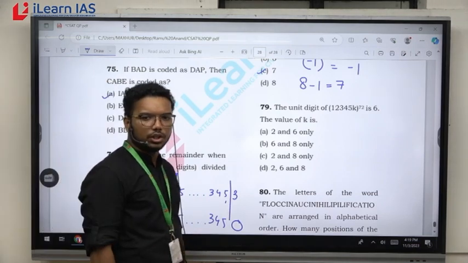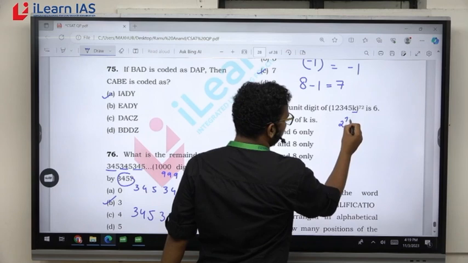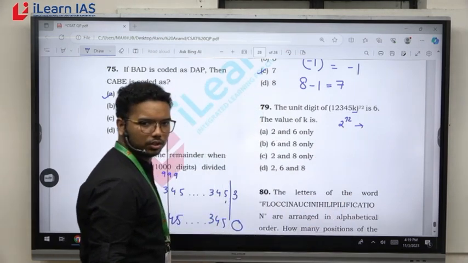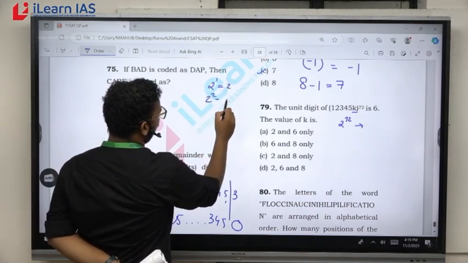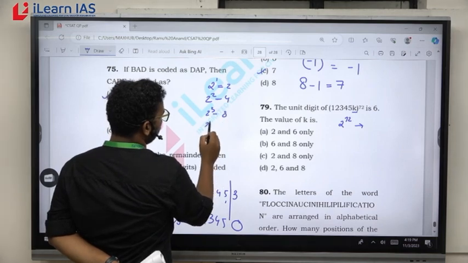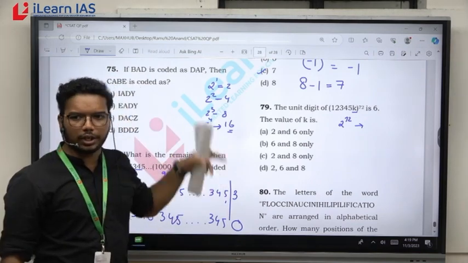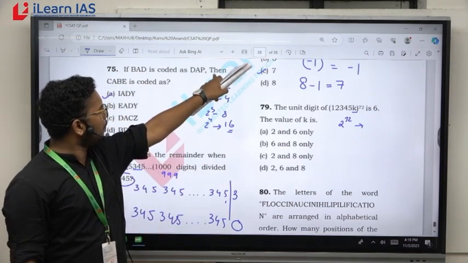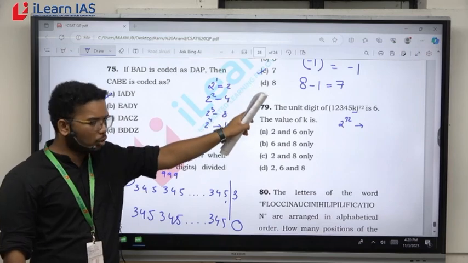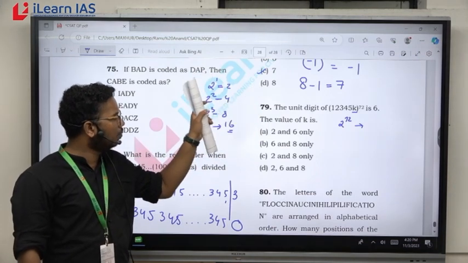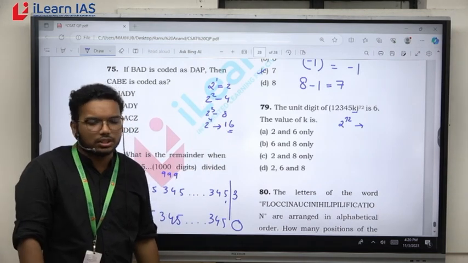Taking unit digit 2, we have 2 raised to 72. 2 raised to 1 is 2, 2 square is 4, 2 cube is 8, 2 raised to 4 is 16, and it keeps repeating. So if the power divided by 4 leaves remainder 1, the unit digit will be 2; remainder 2, unit digit 4; remainder 3, unit digit 8; and remainder 4 or 0, the unit digit will be 6.